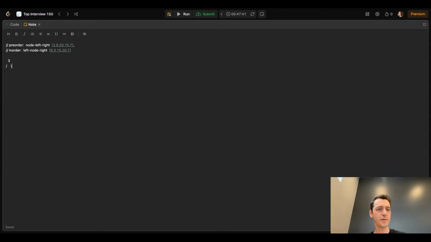We left off where we saw that it's 9. We know 9 is on the left, and then we see here that in left, node, right, the 3 has to be a node for 9, right? A parent. 3 is the parent for 9.